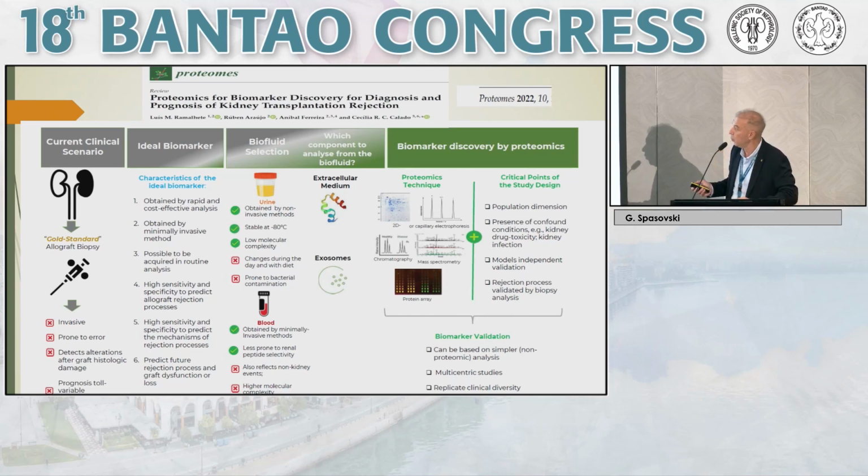It means that we are usually doing biopsies by indication, and this biopsy presents the damaged kidney tissue, but it is an invasive technique, prone to error, and also the prognosis is not clearly stated for the long-term follow-up. What characteristics could an ideal biomarker have?